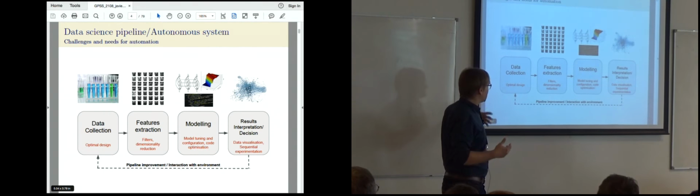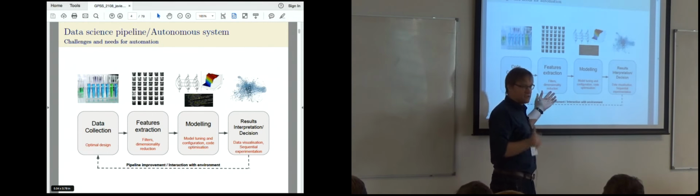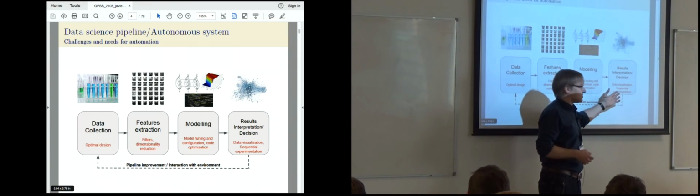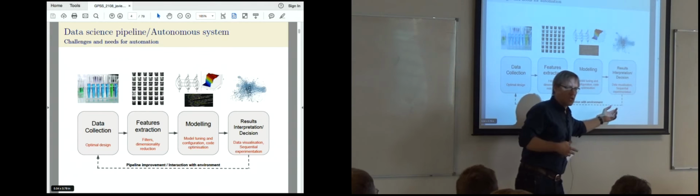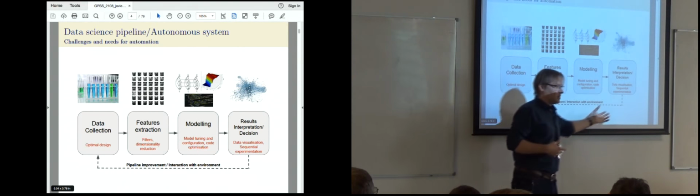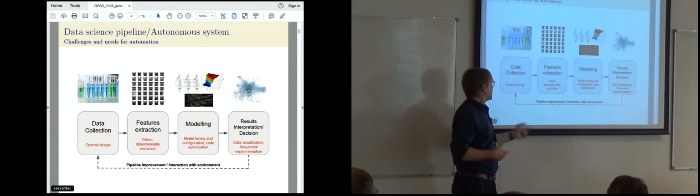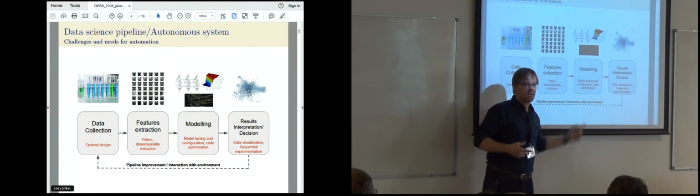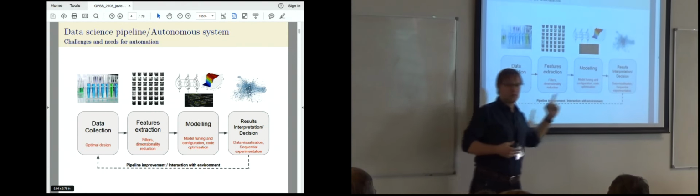When you do data science, you have some data collection, you extract some features from your data, you do some modeling, and then you have some results, and you need to do some interpretation of the results. And sometimes you have some closed loop in which, given the results and what you have learned from the data, you have to repeat over the process, and you decide to collect more data, or design new features, or you change the models, right?